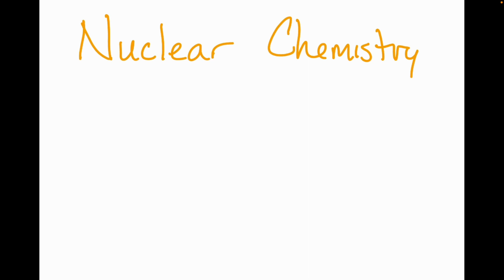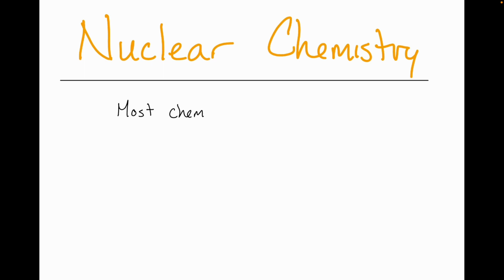All right, so let's start with the obvious question. What the heck is nuclear chemistry? Most chemical reactions, actually every single chemical reaction that we've studied up until this point, are about making and breaking bonds, right?